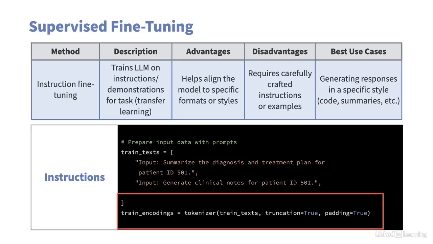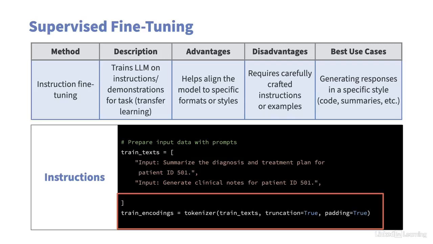In the line train_encodings equals tokenizer, the tokenizer object is being used to process the list of text inputs, train_text. The tokenizer function processes the train_text list according to the specified truncation and padding settings, returning a dictionary of tokenized inputs called train_encodings.